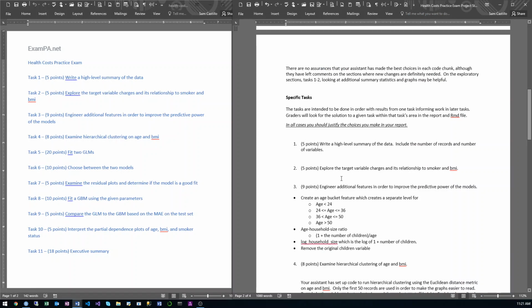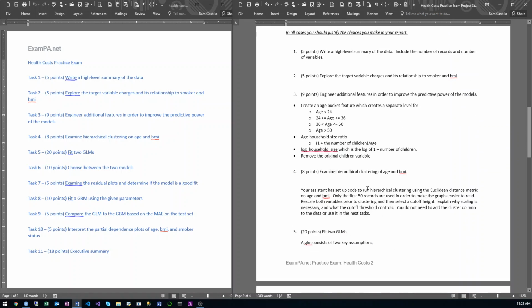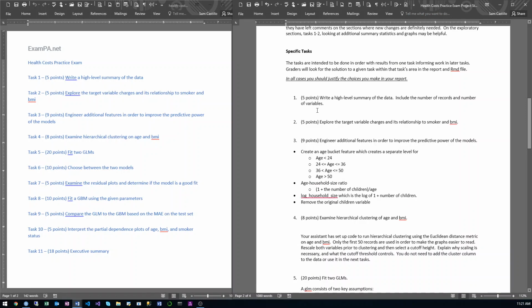It would be a good idea to, at this point, read through all of these tasks just so that you have a high level idea of what's coming and where most of the points will be.